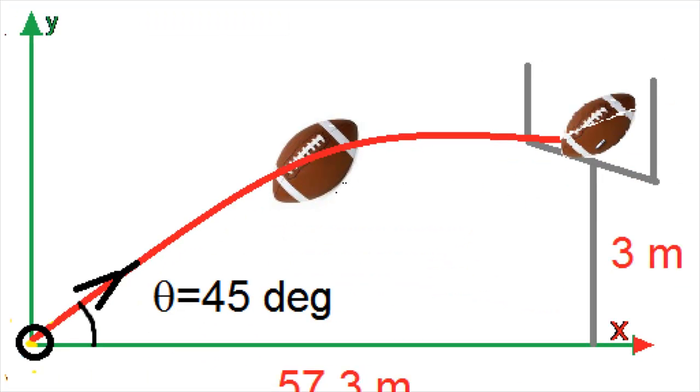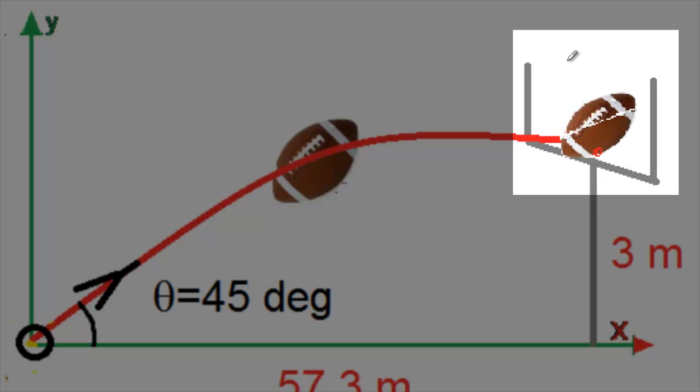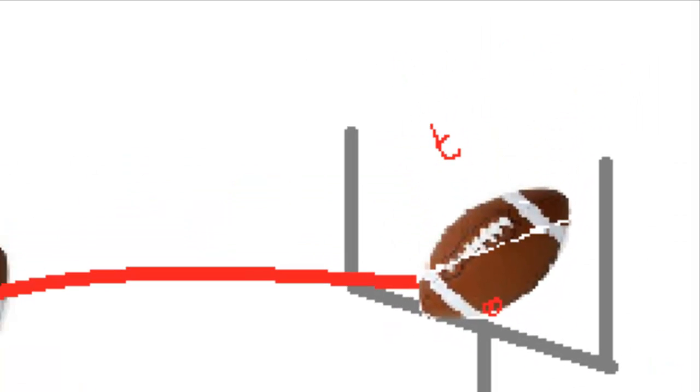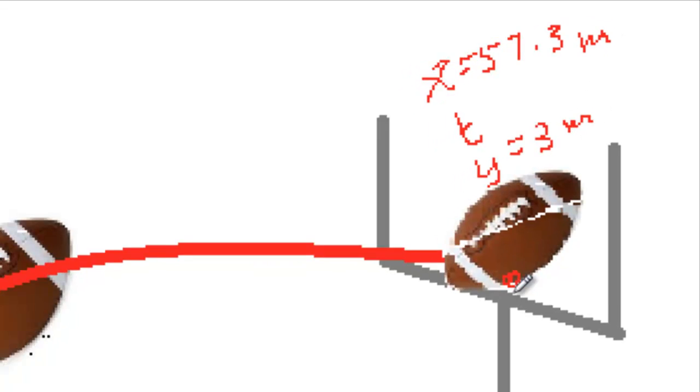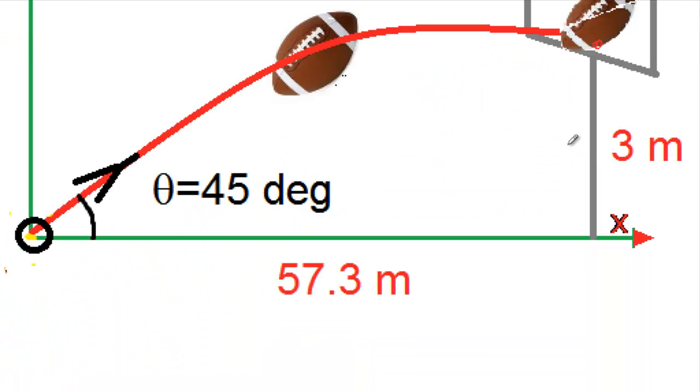As the ball passes here, the elapsed time is t, and x equals 57.3 meters, y equals 3 meters. We're going to assume that the ball barely clears the post. So let's get started.